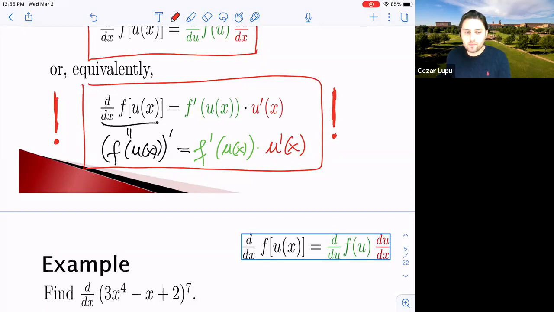So first you need to identify which one is the outer function, which one is the inner function. So that's the first thing that you need to do.